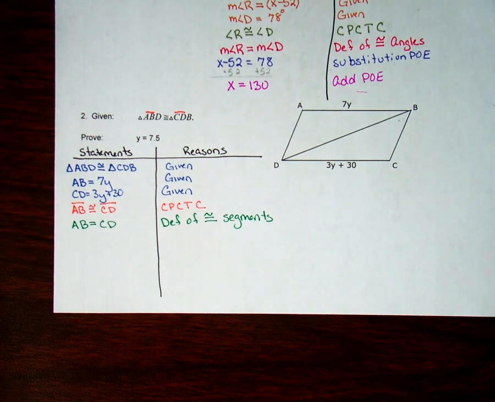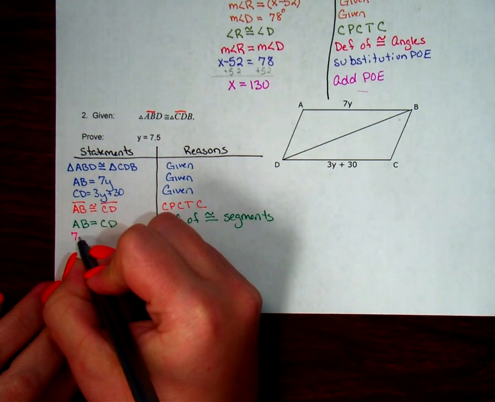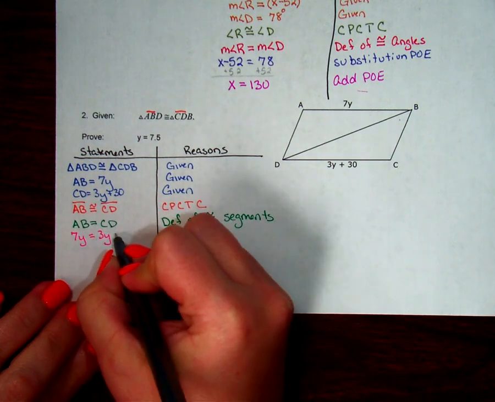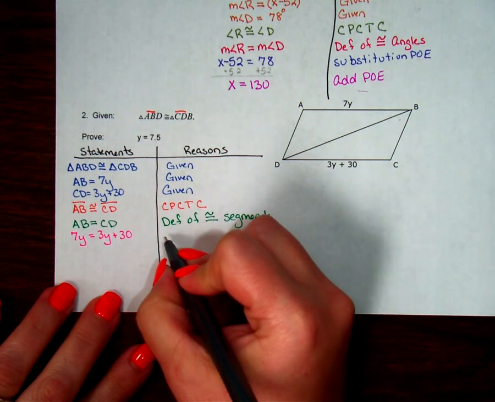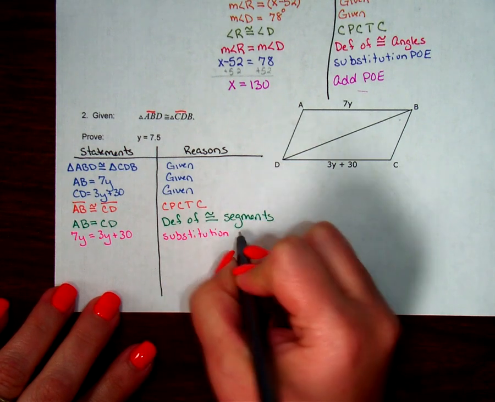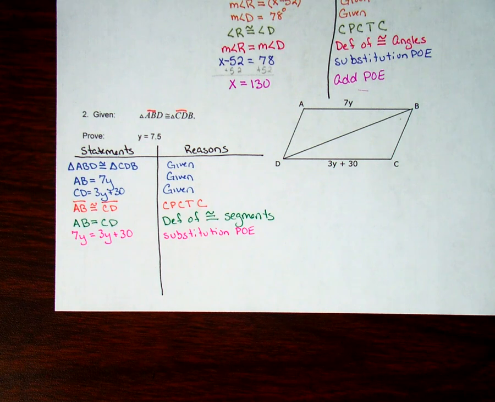Okay? All right, so now all I have left to do is my substitution. AB can be replaced with 7y, and CD can be replaced with 3y plus 30. And that is the substitution property of equality. Just make sure that if you abbreviate, you don't abbreviate so much that I can't tell the difference between substitution and subtraction, because on this one we are going to need to subtract.